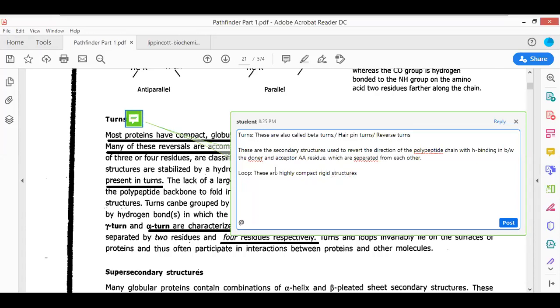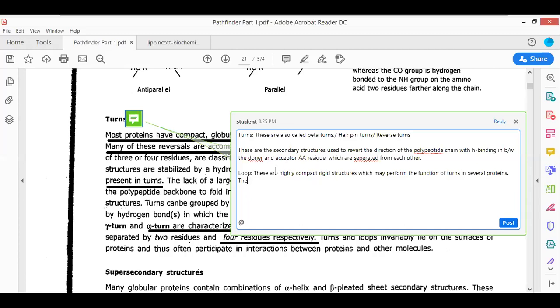Loops may perform the function of turns in several proteins. How they perform the function of turns in several proteins, that we have to look at. They are also referred to as gamma turns and omega turns, or omega loops, and do not have a regular periodic structure.